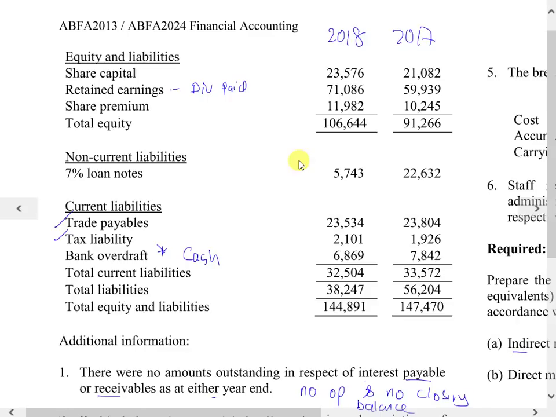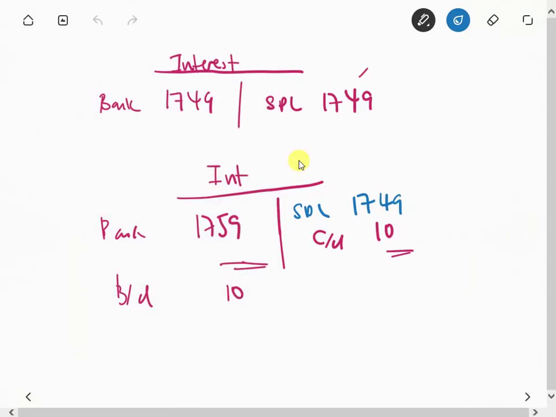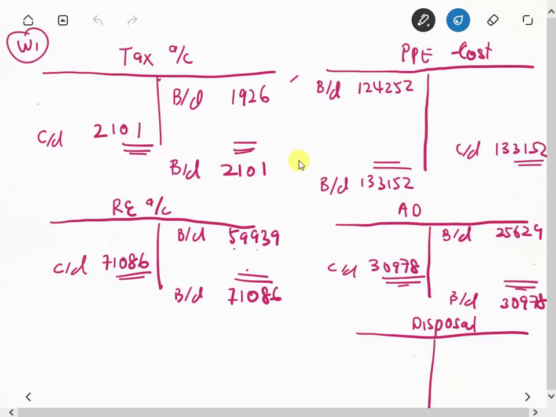This year, 21. Opening 19, closing 21. So, show working, 3 marks, all in all. Here, working 1, tax account, opening 1926, closing 2101. Get from there, tick. So, SFP, opening, closing, done.